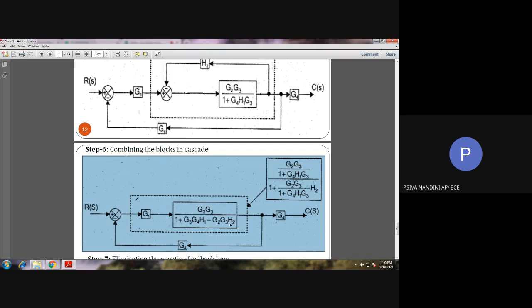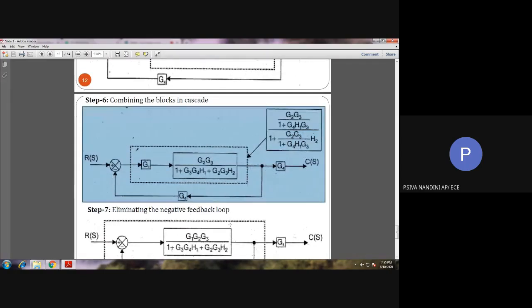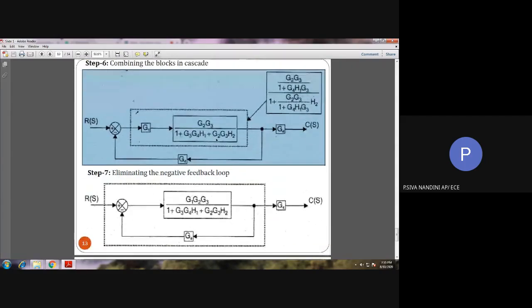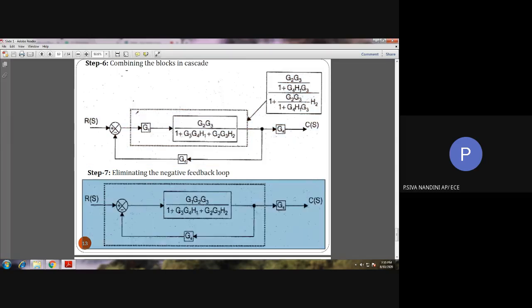Okay. Next, here in step number 6, you all can see we are having the two blocks, G1 and this block, in series. So we can cascade them, combine them by just multiplying the two blocks and forming a single block. After that, if you see, here we are having a negative feedback loop.